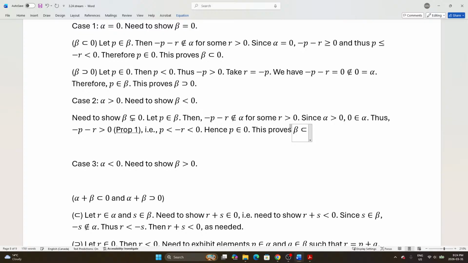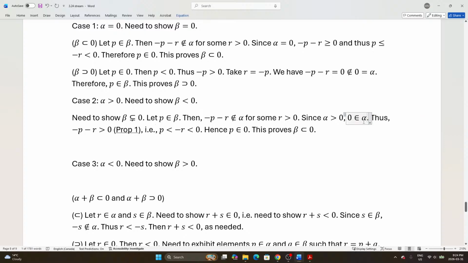It proves that beta is containing 0, but we still need to show that it is a proper containment. So we need to find something in 0 that is not in beta. How do we do that? Alpha strictly contains 0, and 0 is in alpha.